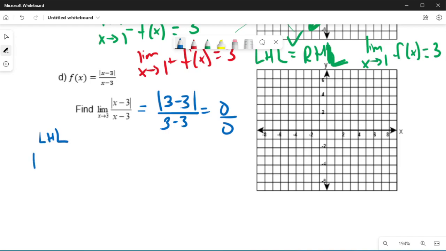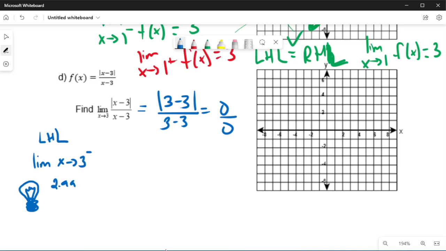So let's try the left-hand limit. The limit as x approaches 3 from the left. Okay? Now imagine we are looking at a value that is a little bit left of 3. For example, 2.99.